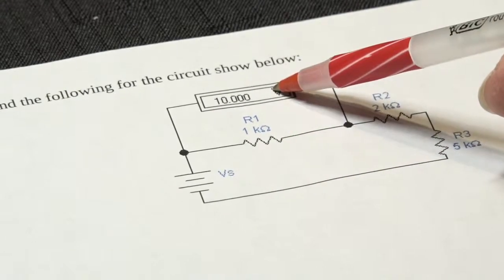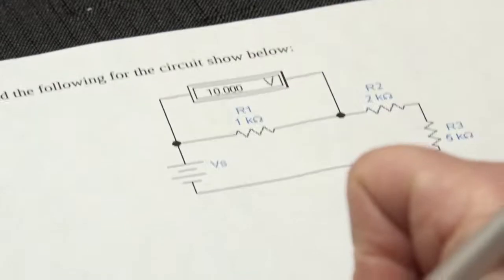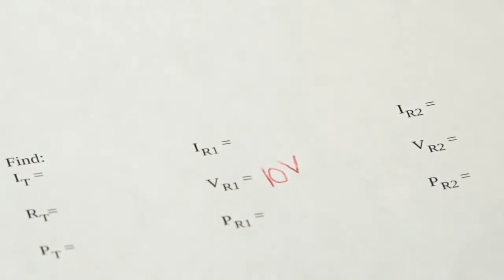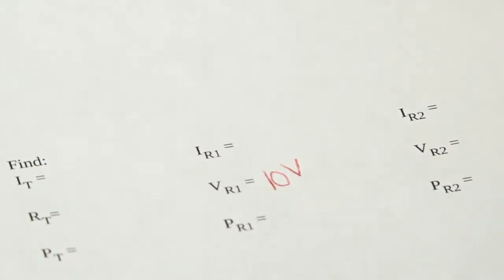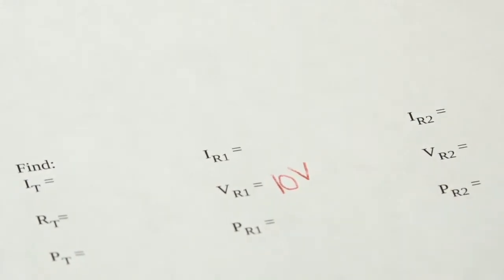So I can take this information, I can say, hey, I got 10 volts there. So I can write this down, 10 volts. Woohoo! That's exciting. Okay, so what can I do with that? Well, that's right, we can apply Ohm's law.